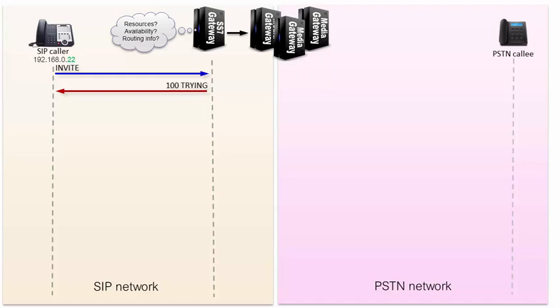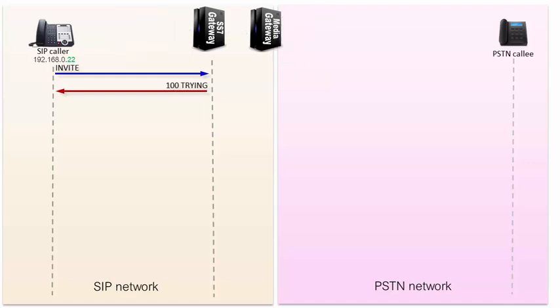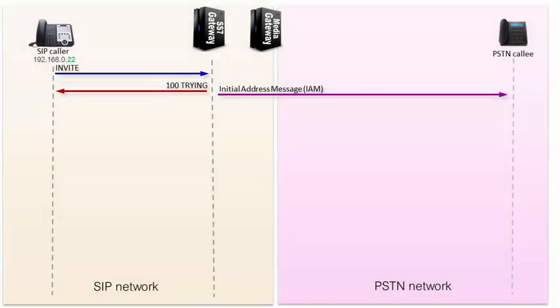Next, having selected a media gateway and having its details, the signaling gateway creates an SS7 initial address message, an IAM message, SS7's equivalent of the invite, sending it downstream through the PRI, we'll talk about PRIs in a moment, to the PSTN network, including in it details of the media gateway for subsequent routing of the media stream. Now, there's probably a host of PSTN switches and routers through which the IAM request passes on its way downstream to the phone.